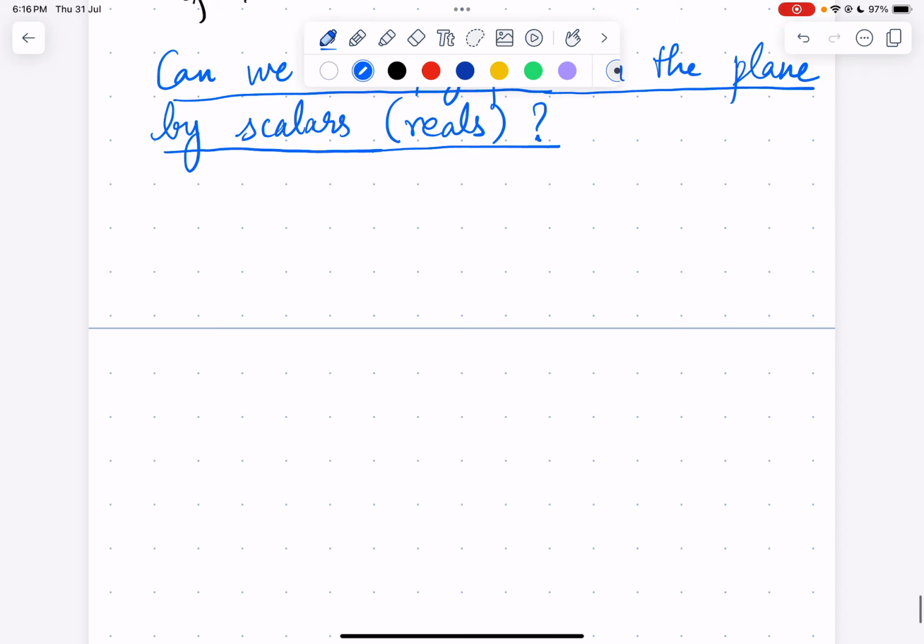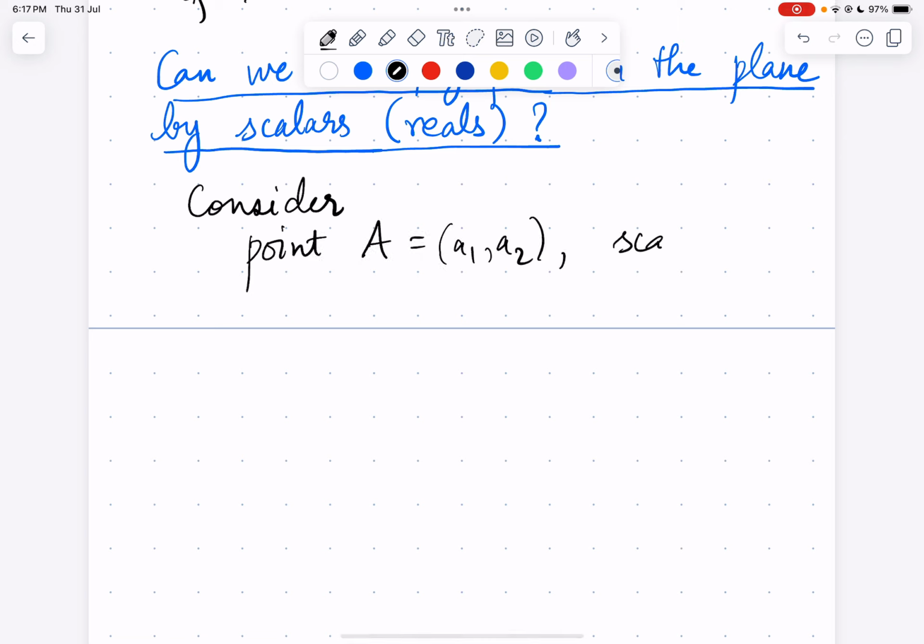So let's think about it. Consider a point A equals (A1, A2) in the plane, and consider a scalar R, which is a real number.